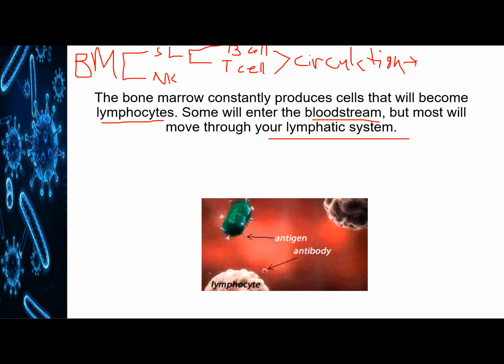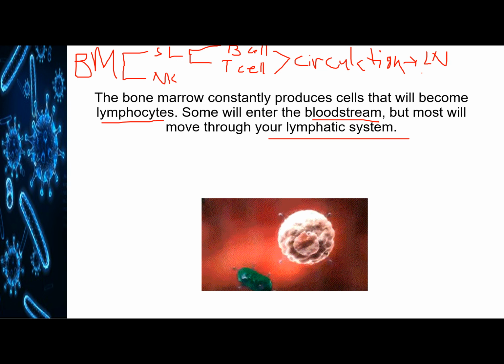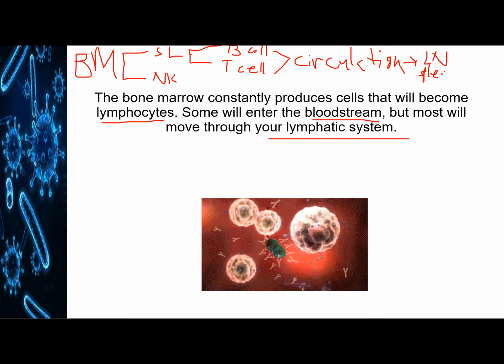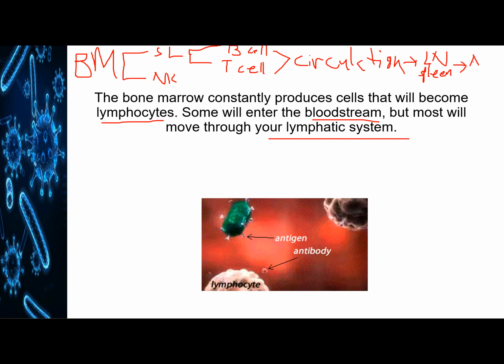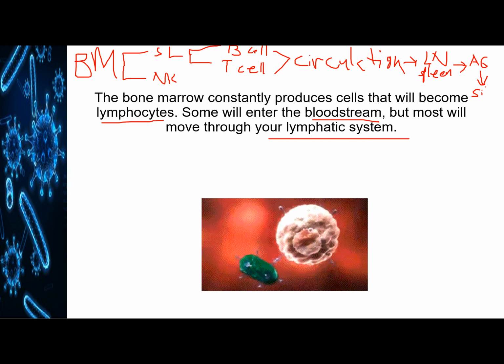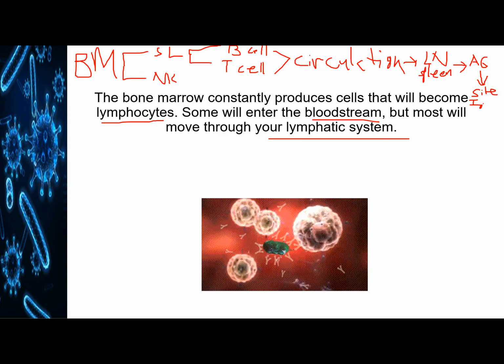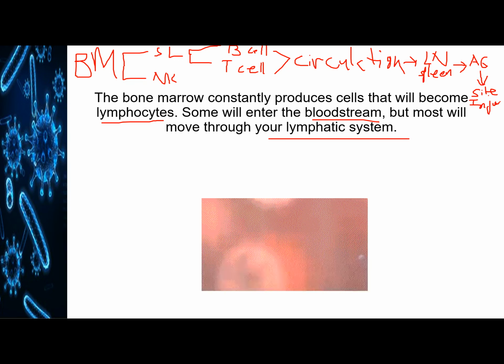They would go to the lymph nodes, the spleen, or the secondary lymphoid organs. And if they encounter an antigen, they would go to the site of injury or the site of infection.